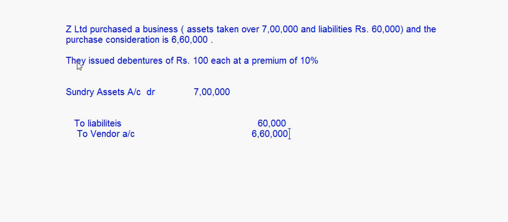Now here you see the credit side total is more, comes to 7,20,000. This is the case where the purchase consideration is more than the difference between the value of assets and liabilities, right? So here goodwill account will be debited, fine.